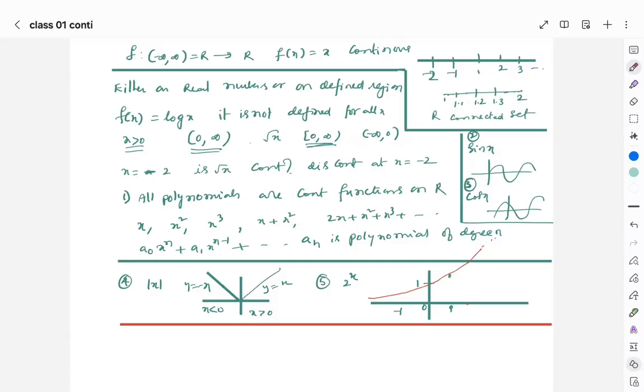Anybody? Other than polynomials, sine, cos, and power functions, right? 2 power x or e power x, these are all continuous functions.